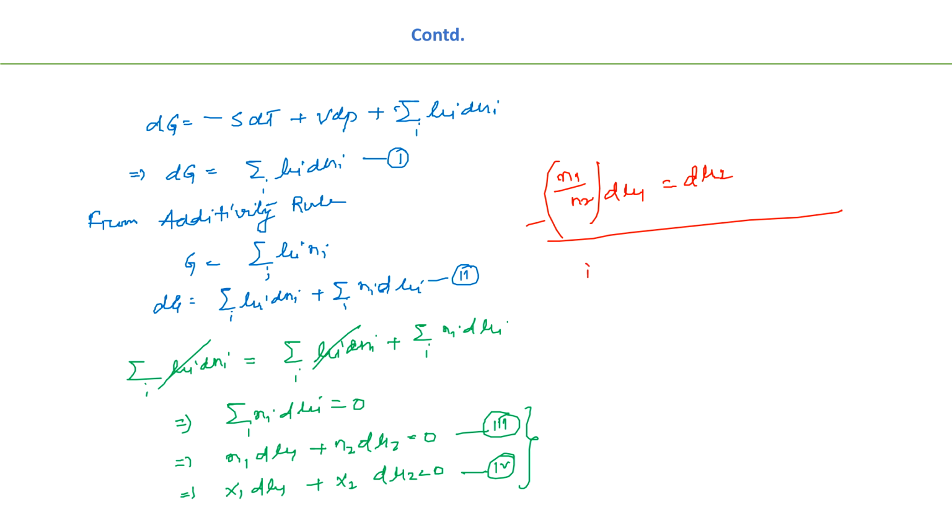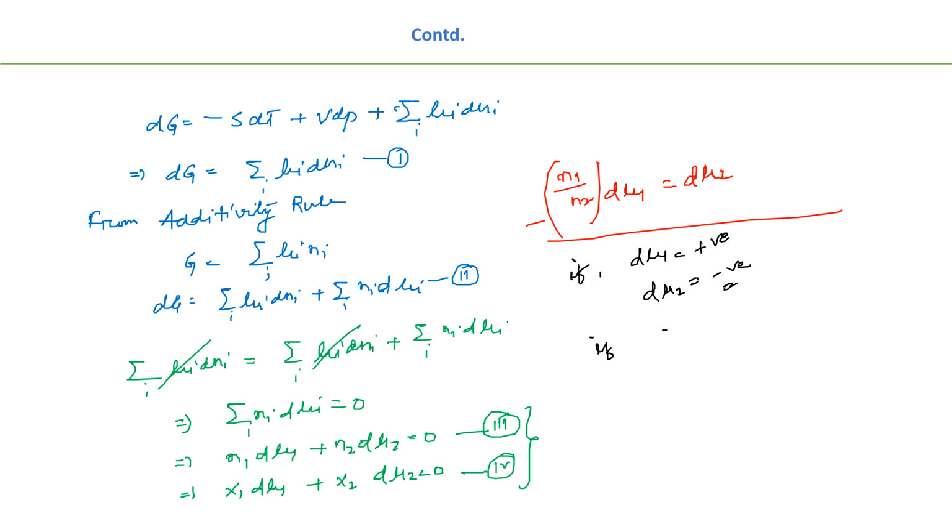If d mu1 is positive, that is, the chemical potential of the first species increases, then from the equation we know that d mu2 is negative, and vice versa.